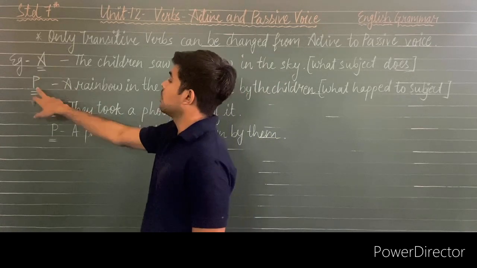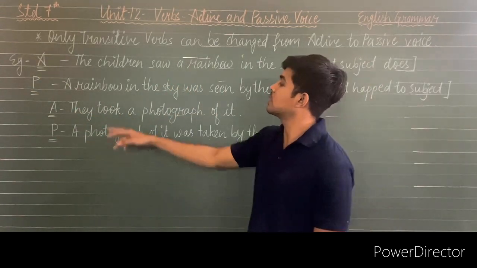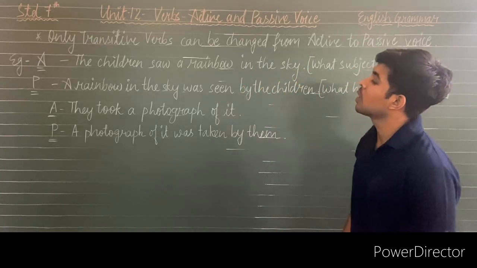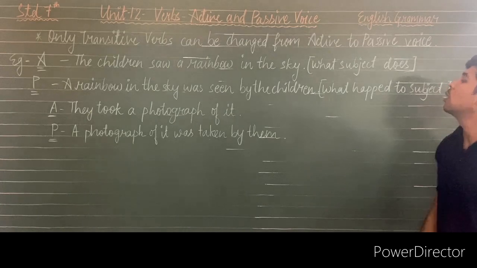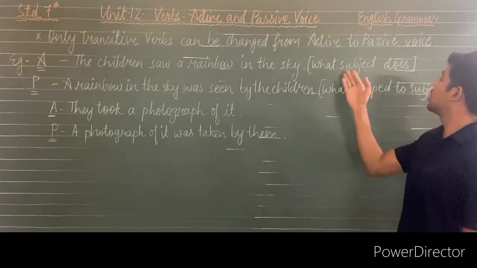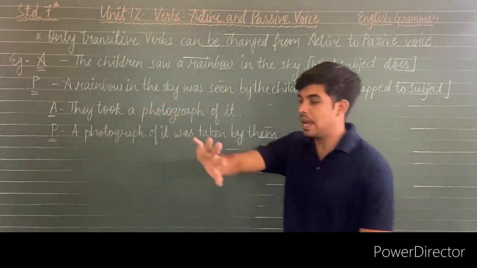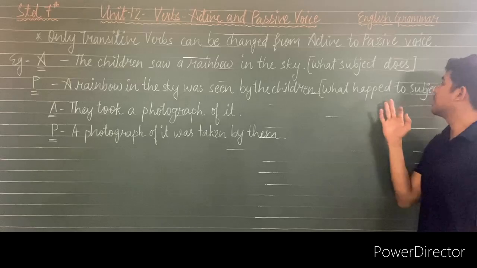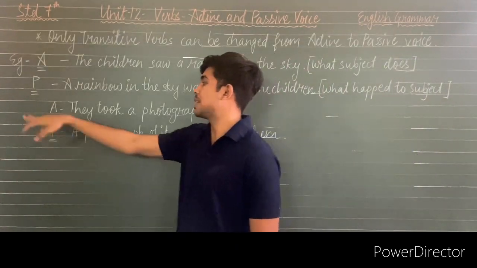A stands for active and capital P stands for passive voice. So the first sentence is, the children saw a rainbow in the sky. Active voice tells us what the subject does, and what happened to the subject is denoted with the passive voice.